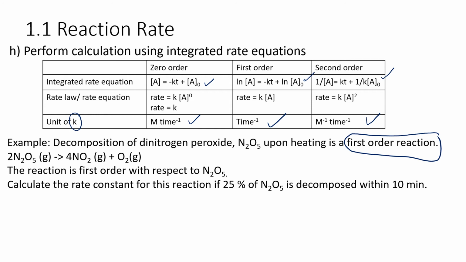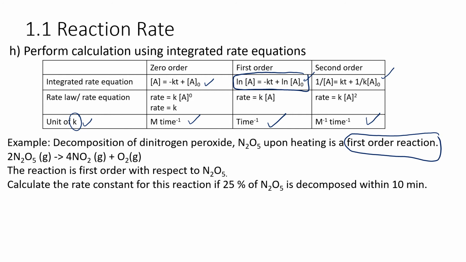Then straight away you know that you need to use the integrated rate equation for the first order in order to do the calculation. But if they do not give you, then you need to look at the unit of the rate constant to determine the order of the reaction. Then only you decide which integrated rate equation you need to use to perform the calculation.